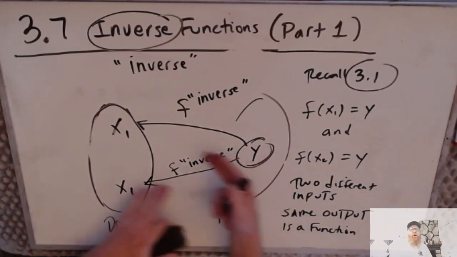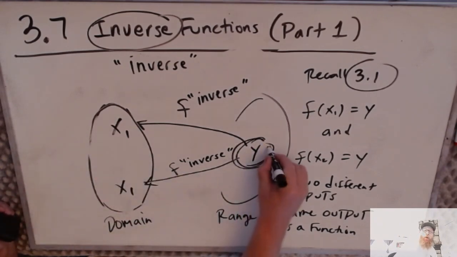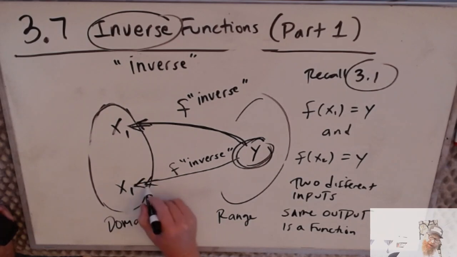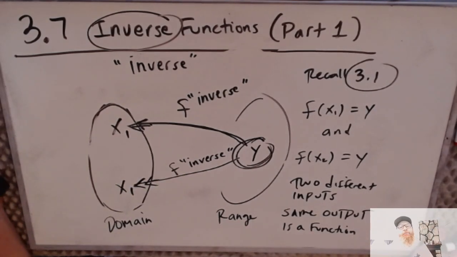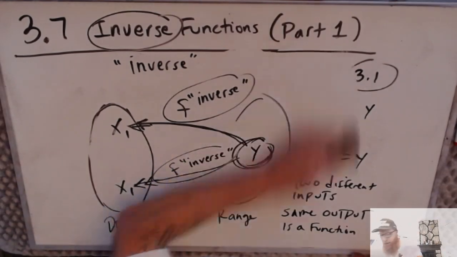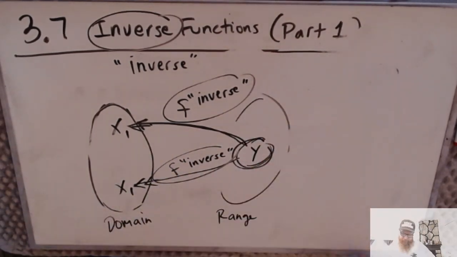So this is what we call the inverse. The y value is being sent back to the original x value that it came from. The inverse must also be a function.